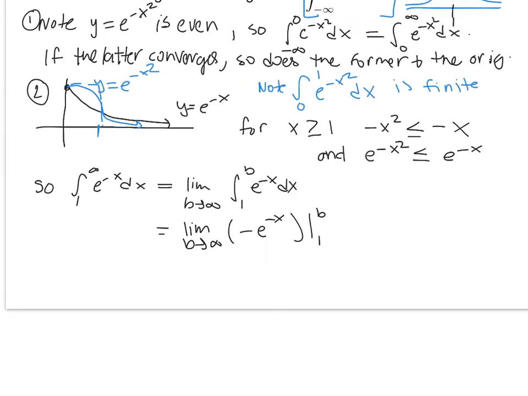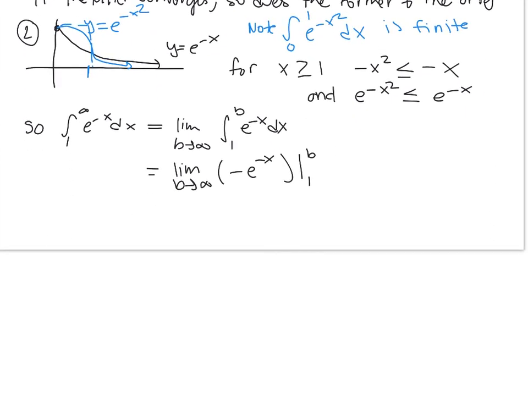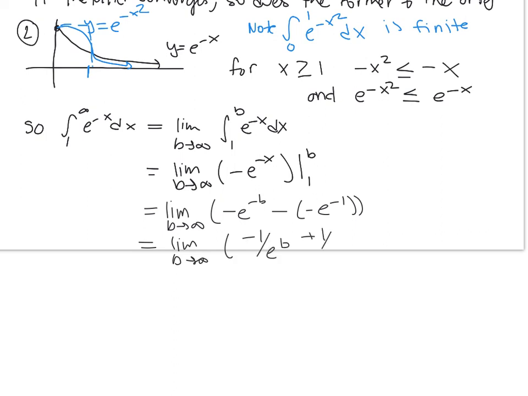Now first plug in b, and we have the limit as b goes to infinity of negative e to the negative b minus negative e to the negative 1, or the limit as b goes to infinity of negative 1 over e to the b plus 1 over e, and that is equal to 1 over e.